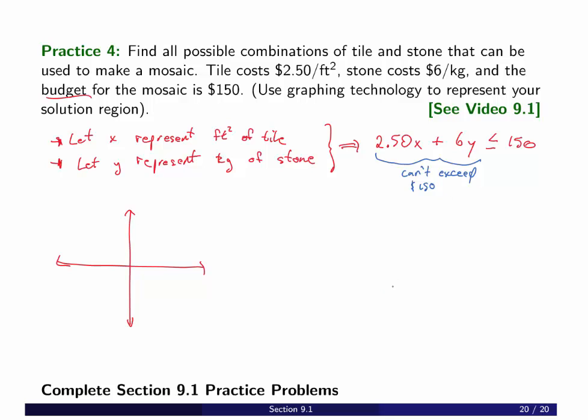We can rearrange this in terms of y. So just like before, you're going to graph it, and you're going to have y is equal to your slope, which will come out to be -5/12 x, and 150 divided by 6 comes out to be 25.